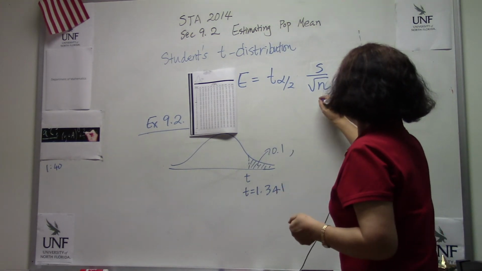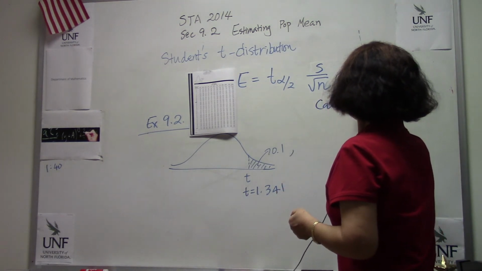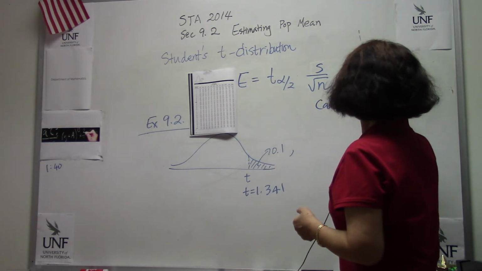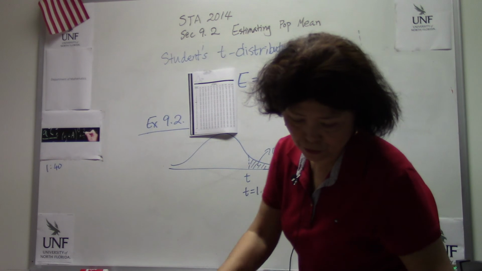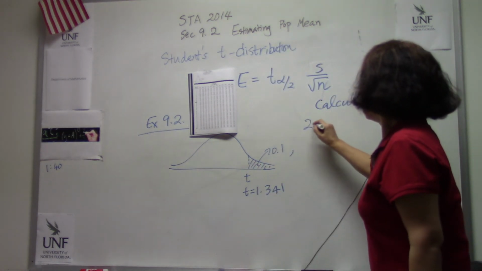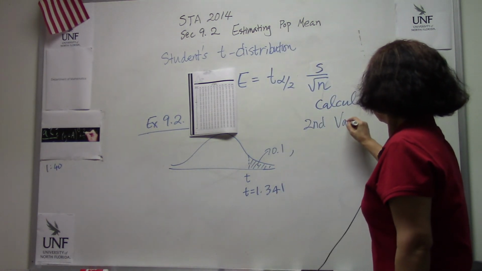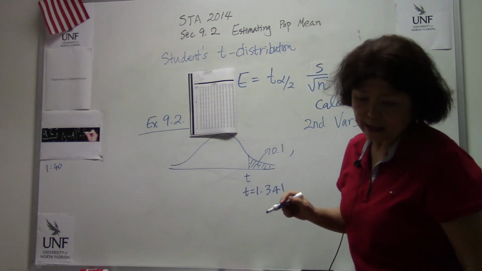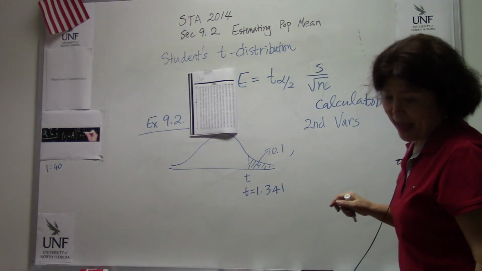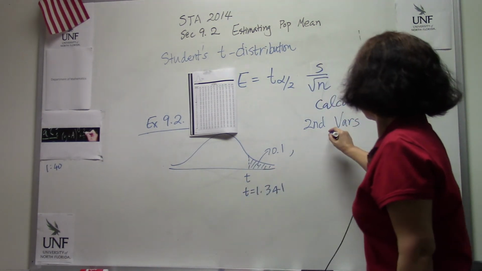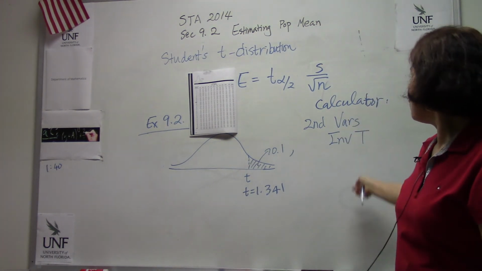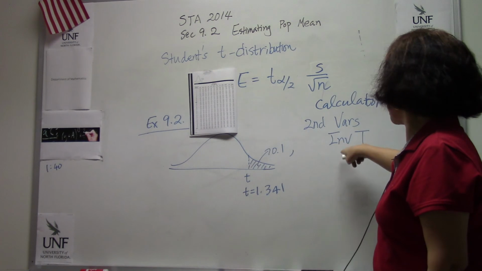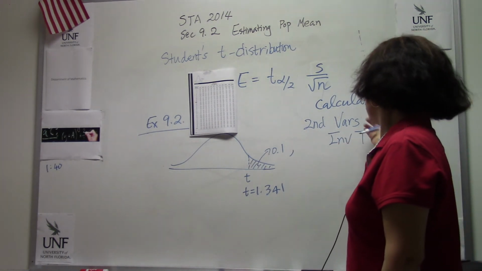Well, can you do this one with the calculator? Yes, with the calculator. What we do is second bars, which we use many times, and then go to menu, invert t. When we want to find the z variable, we go to invert norm.